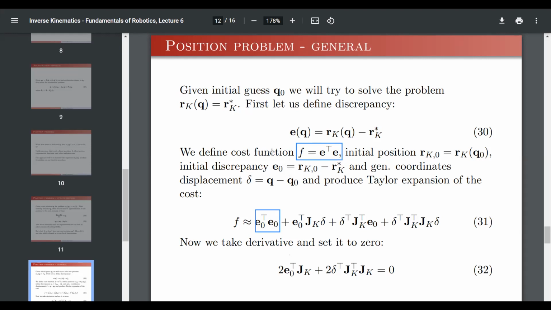So our expansion will be at the point Q0, at the point RK0. So we evaluate the original function. Then we take a derivative of this function at the same point. So again, JK is the Jacobian. Of course, it is found again at the point Q0.